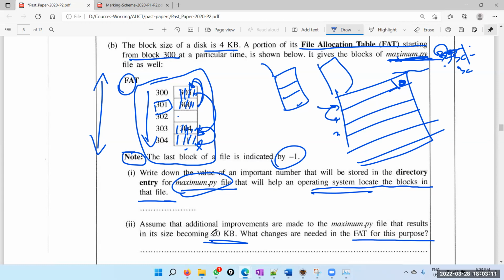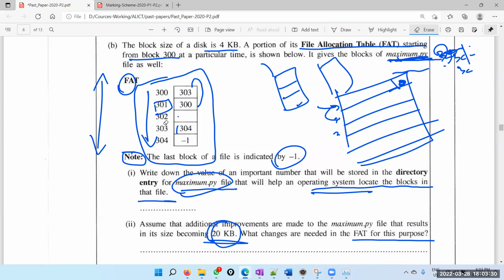So now it says your file is 20 kilobyte. So that means you have to go for another full block. Another full block. Now you can see this block is available. So therefore, we have only one option now, because there are no other free blocks there.